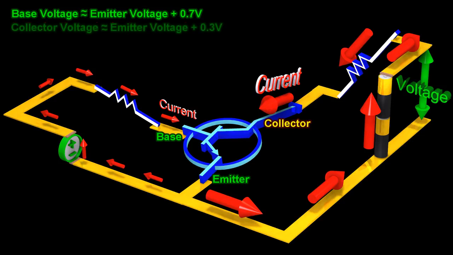Here, the collector voltage is 0.3 volts above the emitter voltage.